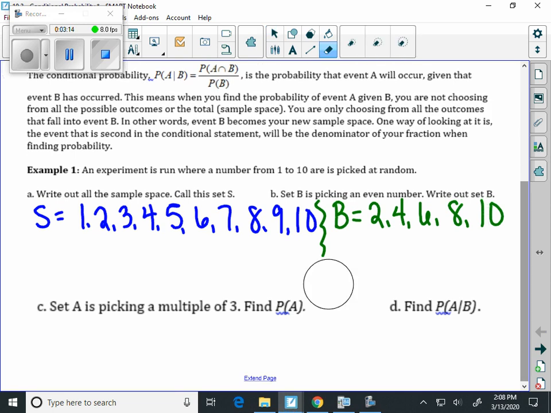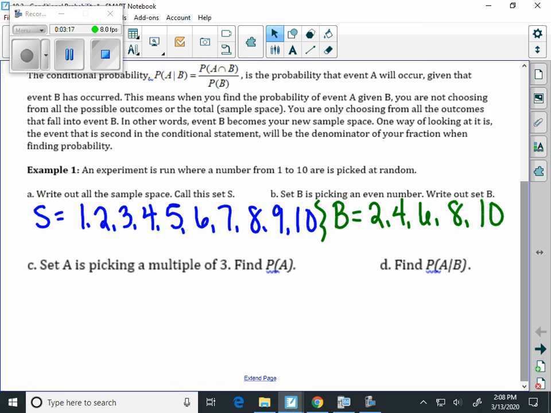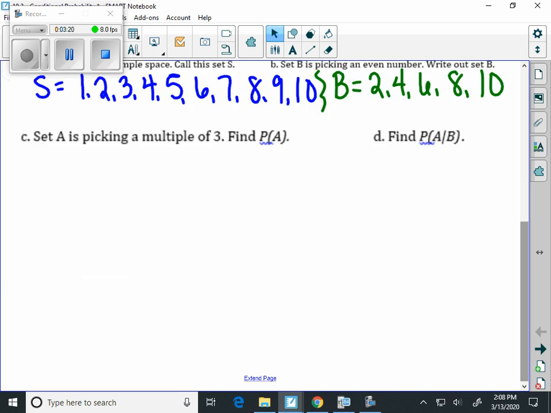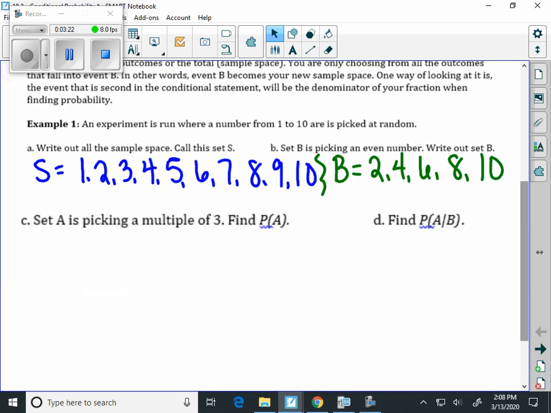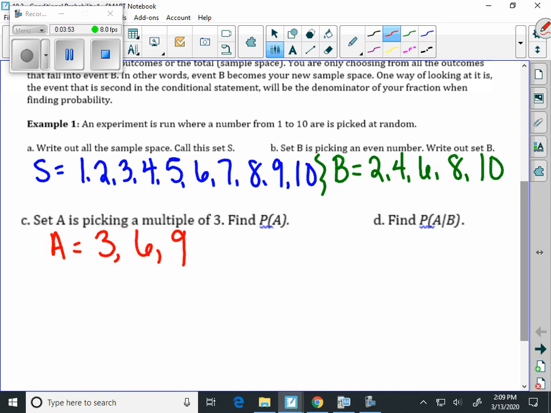We're also going to look at a set A here. The set A says find the probability of A. I'm not quite sure why I did that, but first of all, what is set A? Set A is picking a multiple of 3. So we're going back into that sample space, and we want to pick multiples of 3. 3 is a multiple of 3, 6 is a multiple of 3, 9 is a multiple of 3.